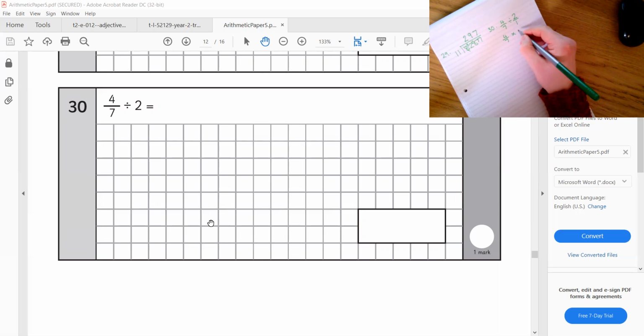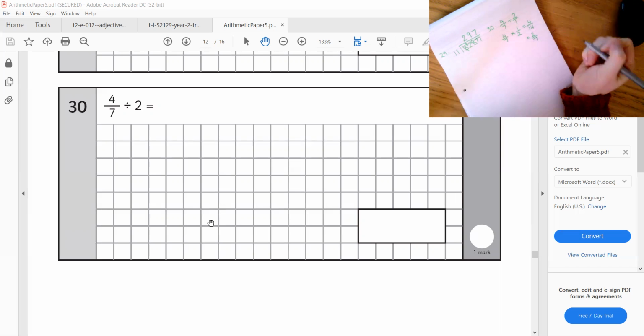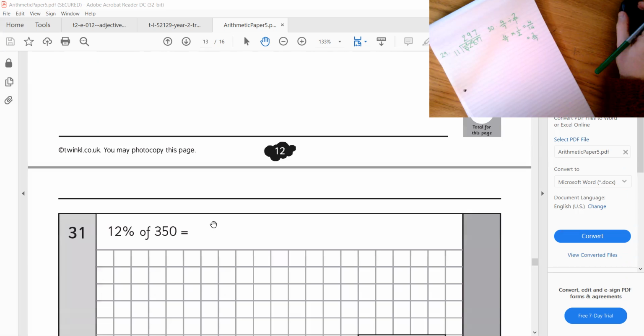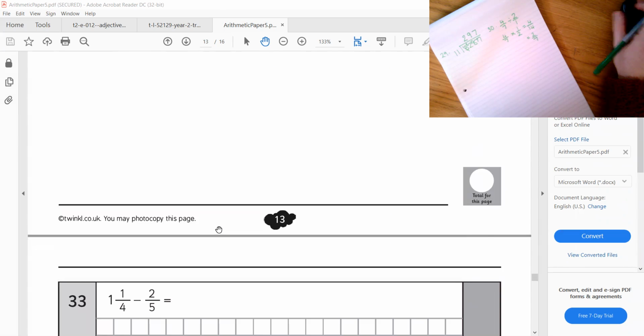So I flip that over into a half because dividing by 2 is the same as timesing by a half. So then 4 times 1 is 4. 7 times 2 is 14. Can I simplify that at all? I could divide them both by 2 and end up with 2/7, can't I? Yep. And then I think I've got a few more left.